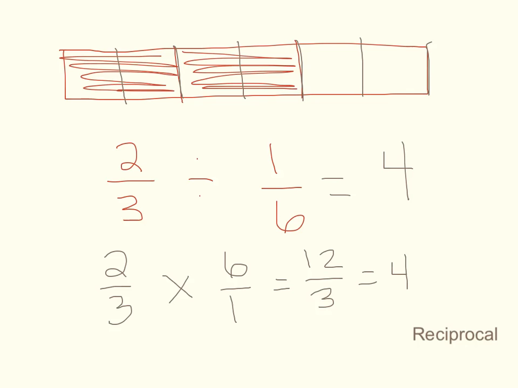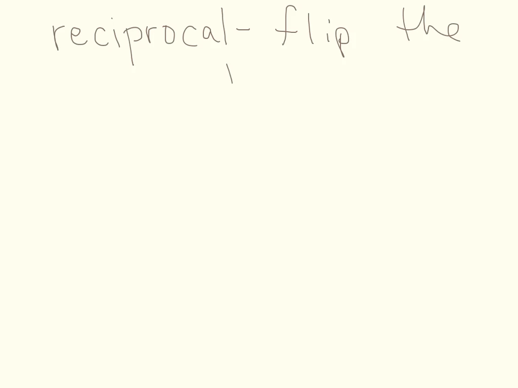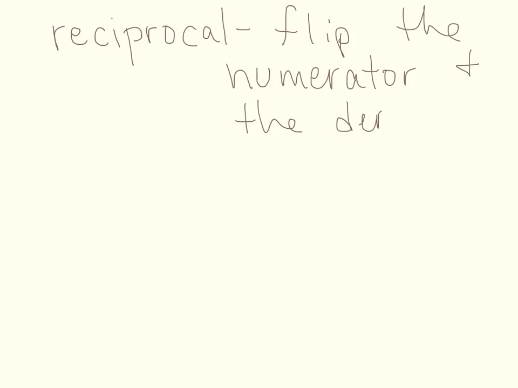Now, I know that's a lot to take in, so let's just practice with what it means to be a reciprocal. Okay. A reciprocal, in plain English, is when we flip the numerator and the denominator.